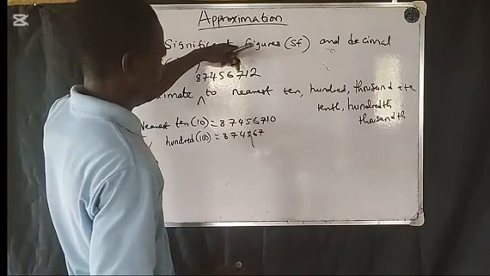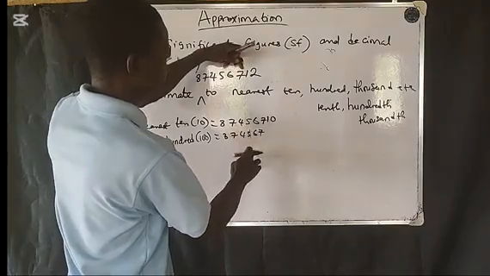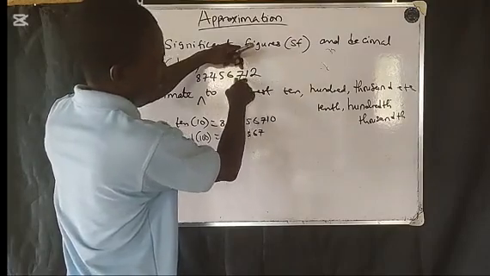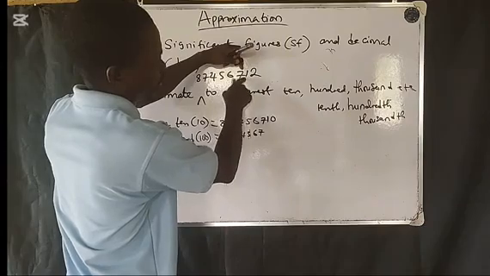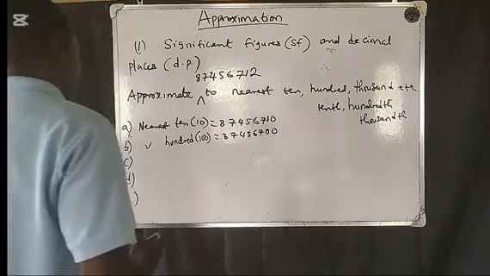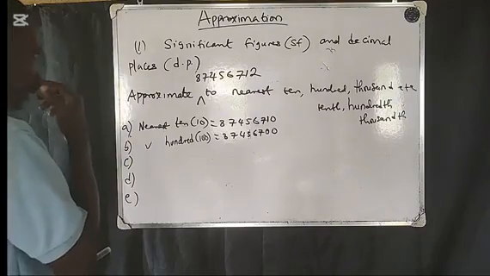Nearest 100, right? The next one will be turned to 0. Assuming this one is 5, we'll add 1 to this. But the junior numbers, we write 0 0. This is the nearest 100.